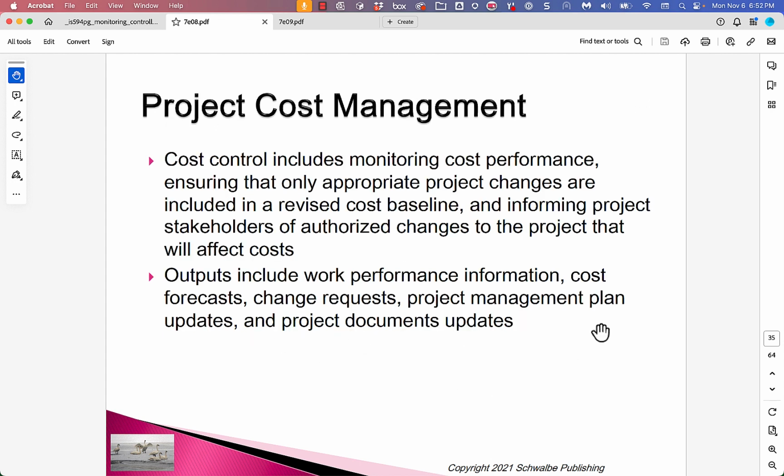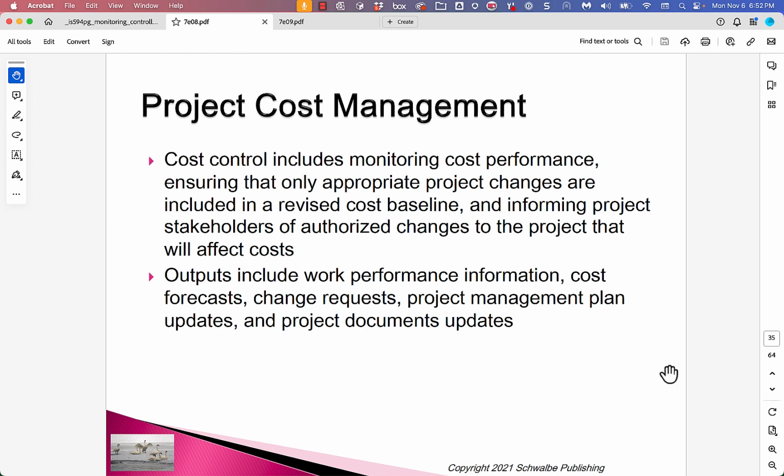Before we move off of this slide number 35 here, I just want to point out that it's very easy to lose track of the actual cost to date on a project. Most of us who manage projects are not doing the cost accounting for the project.